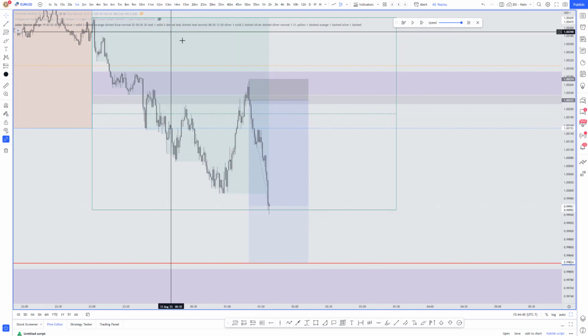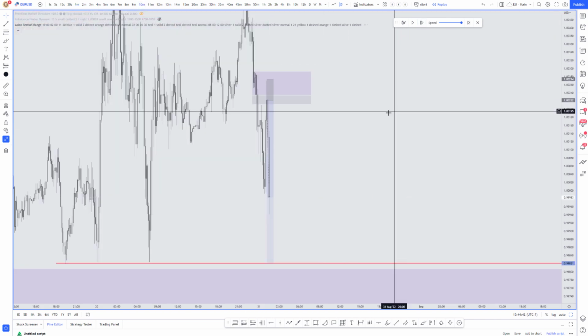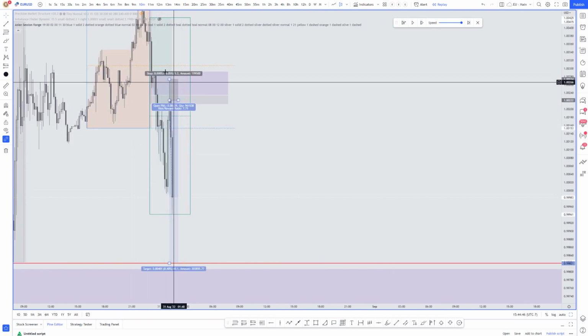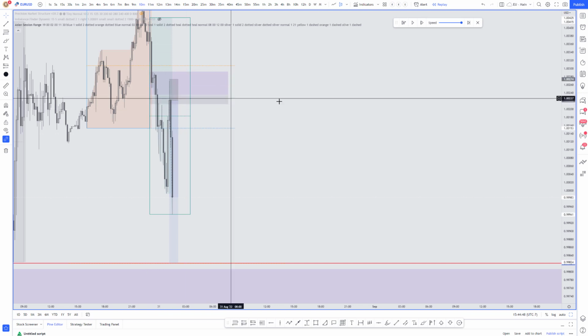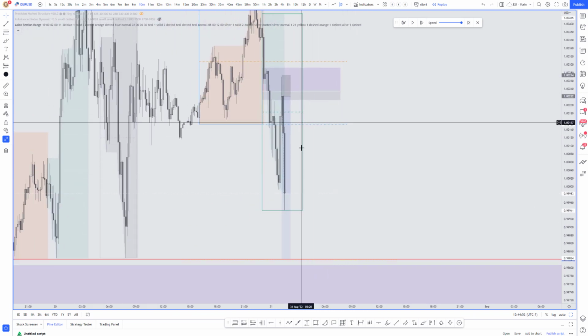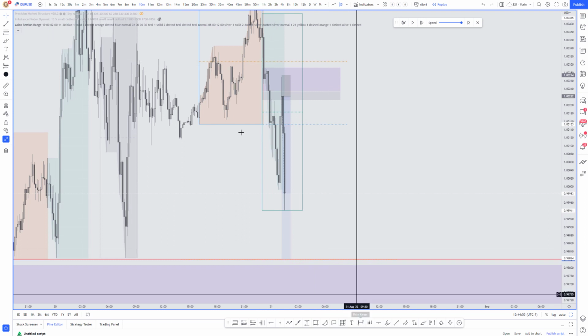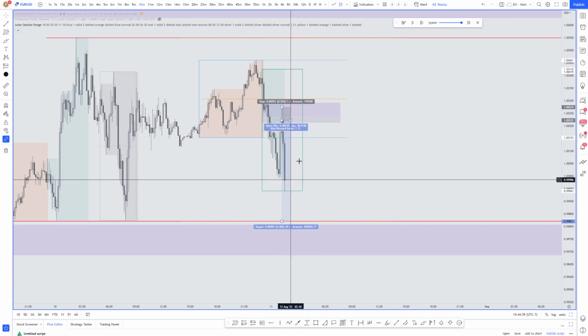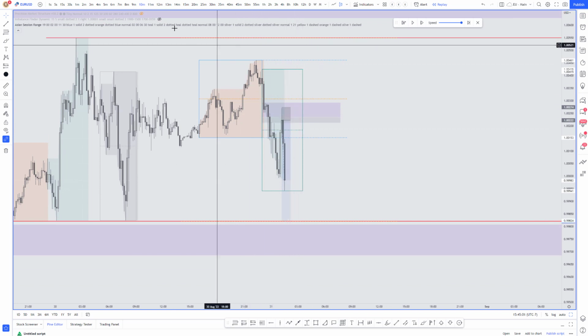So one thing to note is when price is showing aggression like this, when it comes into an area that took out a session high or low, you're not going to get a chalk a lot of the times. Price will just continue on with the aggression. And you could see we had bearish aggression right out of the get-go.